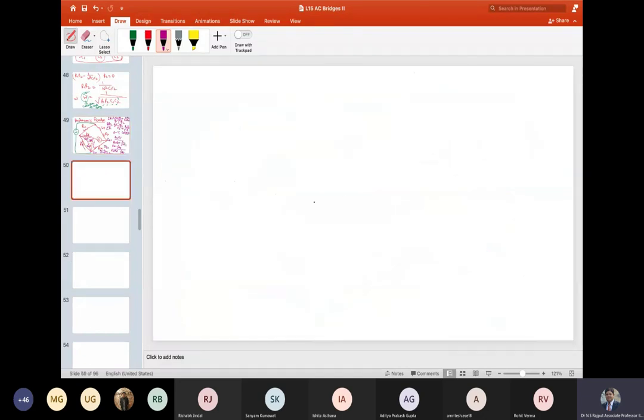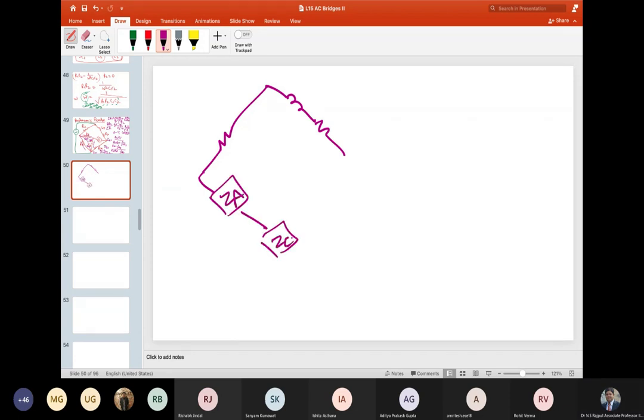And once you have found the equivalent, you will get ZA, ZC, ZB like this, and this comes down to R4, and ZB is connected with the detector, right?